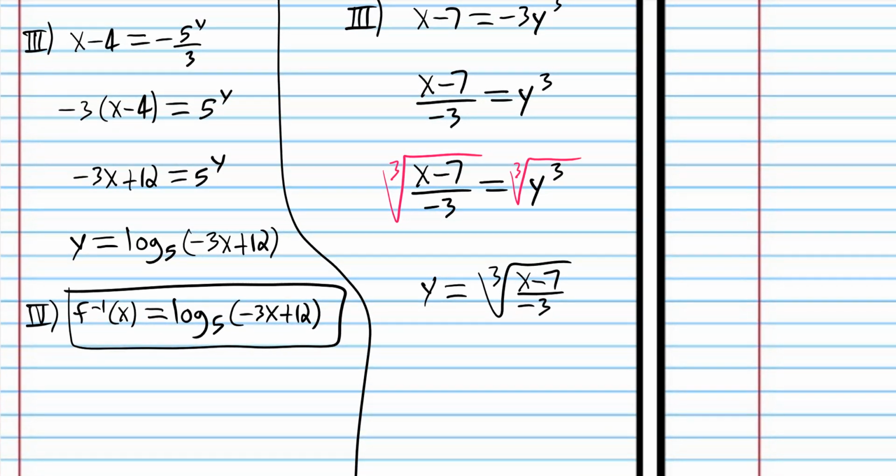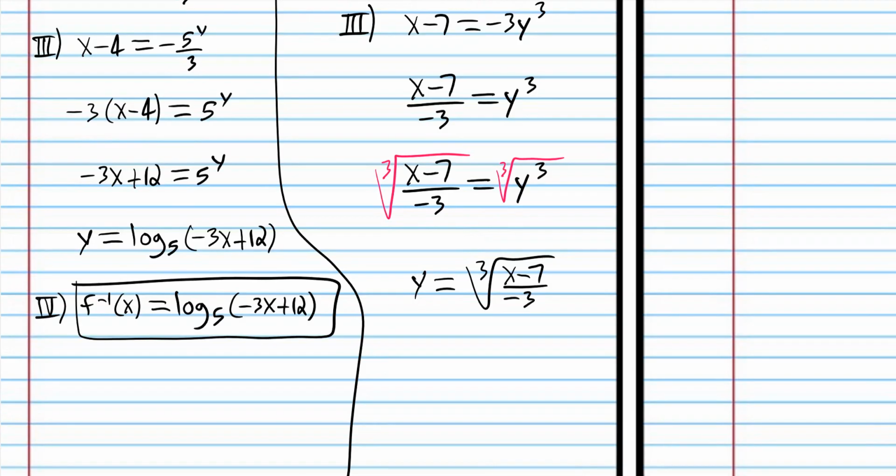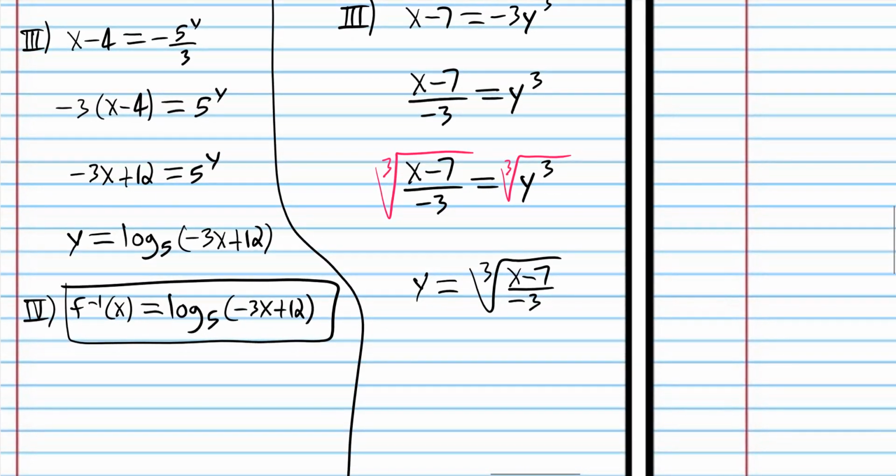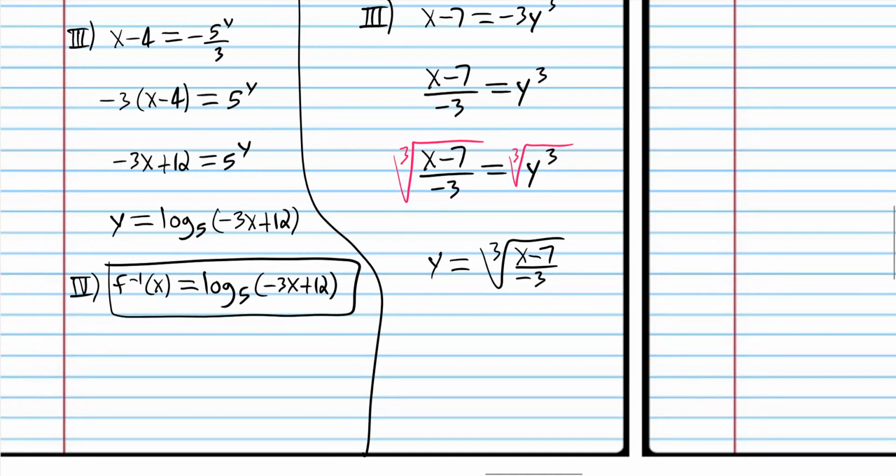Now you might say, well, wait a second, don't we have to put a plus or minus symbol here? And the answer is no, because this is an odd index. You only have to write a plus or minus symbol if you have an even index, like 2, 4, 6, 8, 10, 12. If you have an odd index, like 3 or 5, 7, 9, 11, and so forth, you don't have to write a plus or minus symbol.